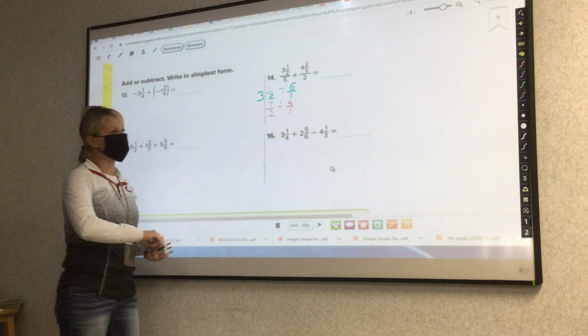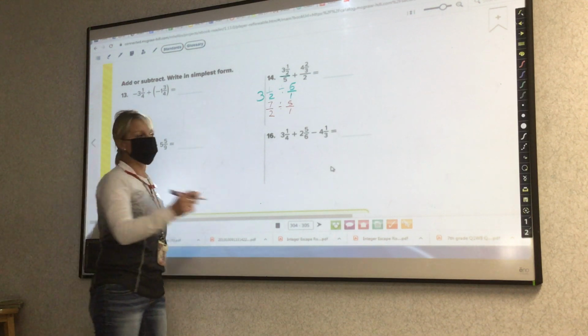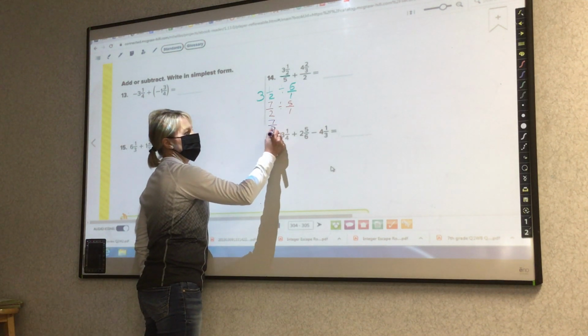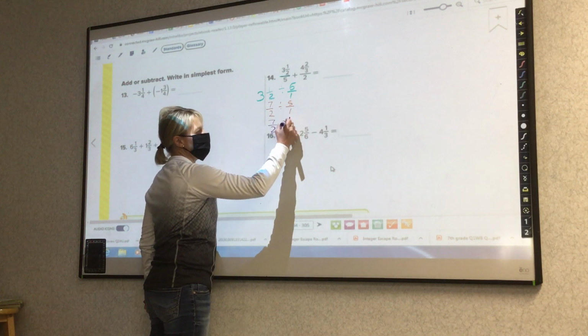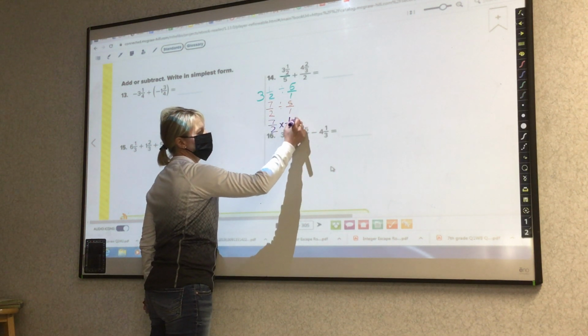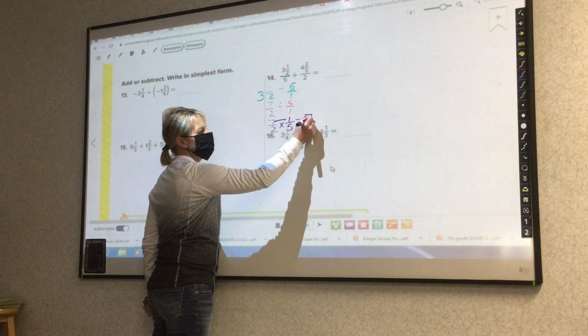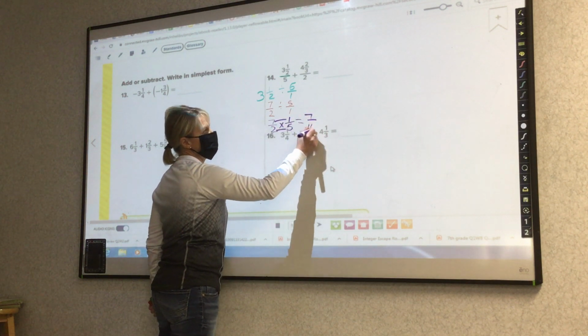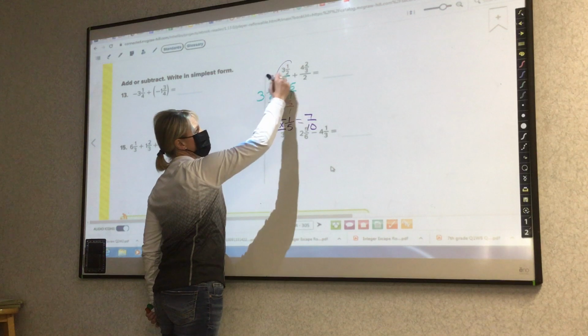Then we follow the rules of dividing fractions. Keep, change, reciprocal. Yes, we're not going to say flip anymore, we're going to say reciprocal. Then I multiply. 1 times 7 is 7, 2 times 5 is 10. That's just this part right here.